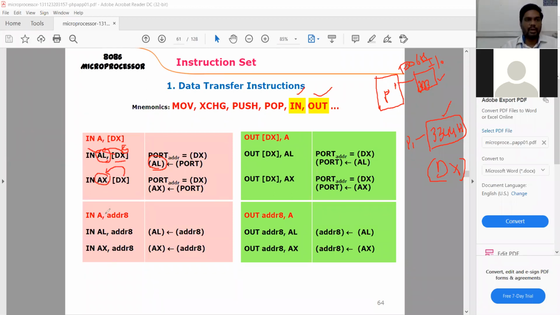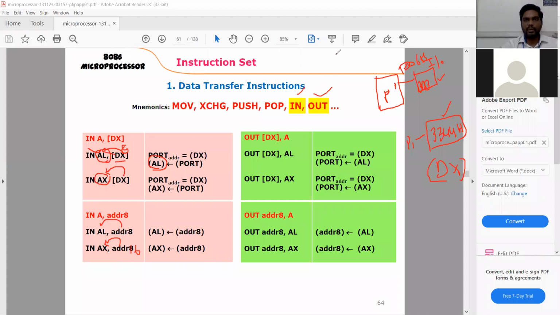So here this is the first category, using the register. The second category is that we can directly use the port address. This is address 16, not 8, this is address 60. Hope the point is clear to you.